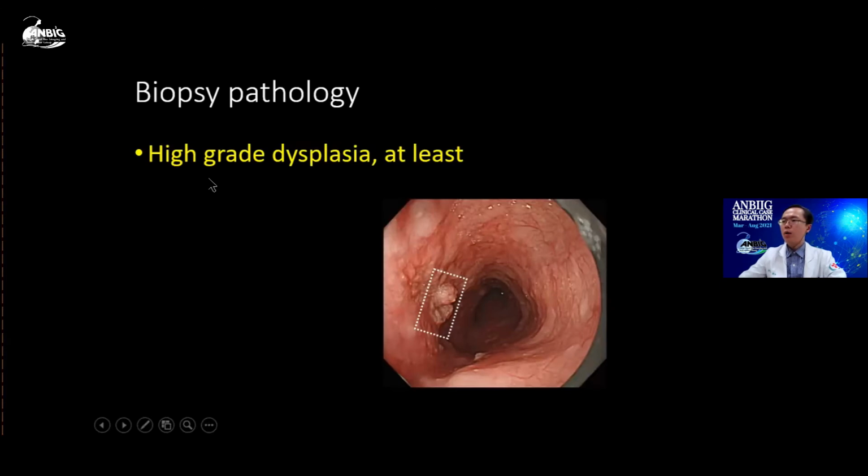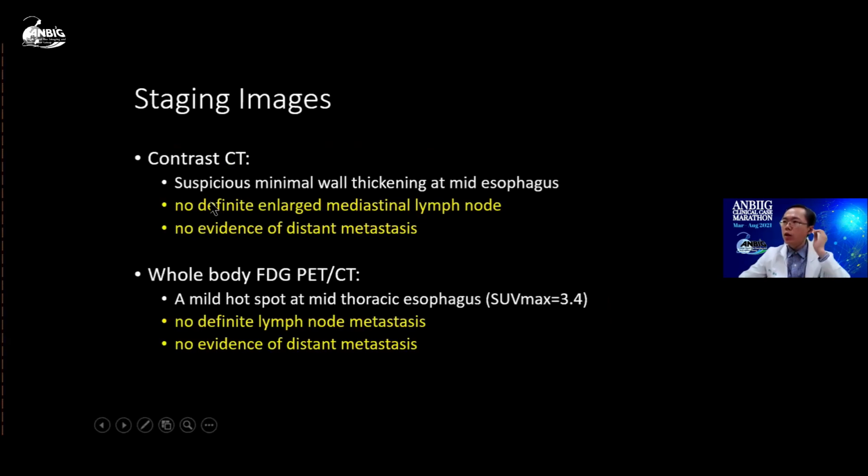So we took biopsy at the large nodular site where we think the most advanced lesion is. However, the biopsy pathology only showed high-grade dysplasia because there was no stromal tissue found in the biopsy specimen. So we also performed some staging images, including contrast CT and PET CT, and there was no evidence of lymph node metastasis or distant metastasis.